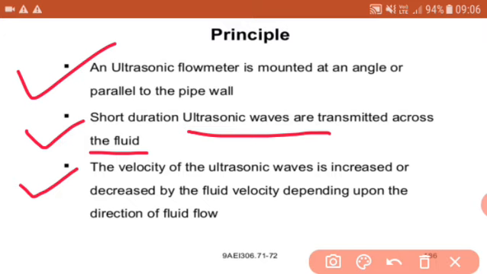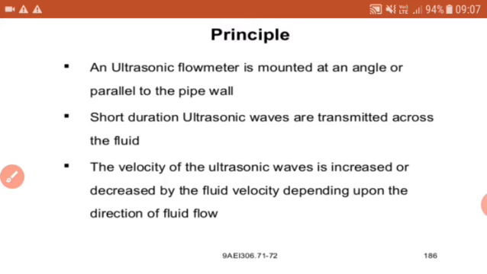The velocity of the ultrasonic waves is increased or decreased by the fluid velocity, depending upon the direction of fluid flow. So we can increase or decrease the velocity of ultrasonic waves by the fluid velocity depending upon the direction of flow. There is a relation between these two.